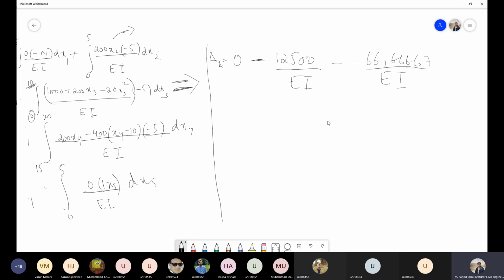And what is this third one? Minus 12 into 500 over EI. So that is delta A. What is final delta A?